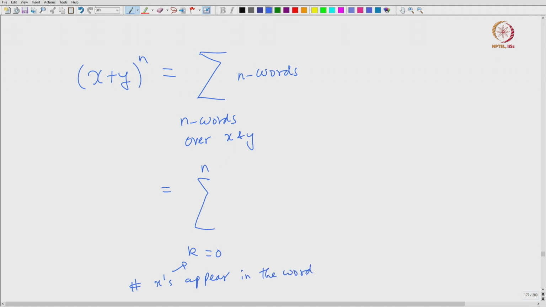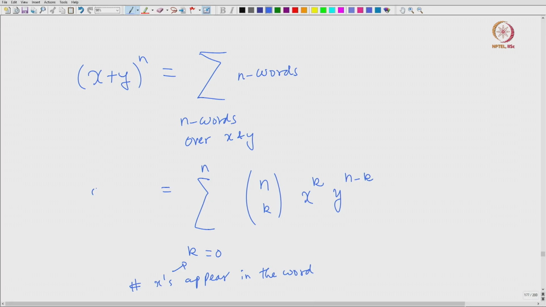So, the number of words that have exactly k x's is going to be n choose k, and since x appears exactly k times, it will have exponent x^k, and since y will be the rest of the letters in the word, it will appear exactly n minus k times.